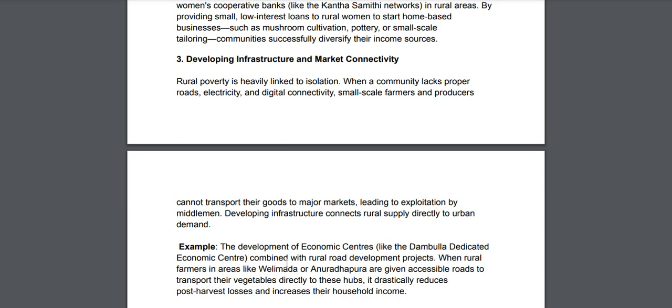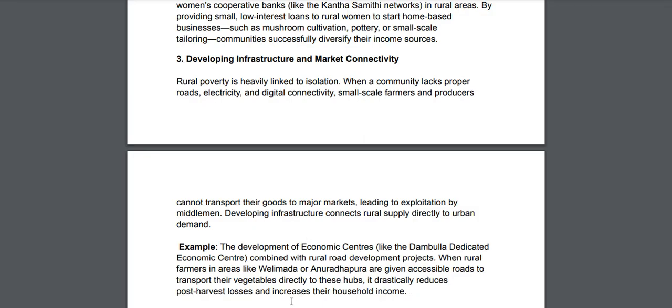And also, when rural farmers in areas like Vavuniya or Anuradhapura are given accessible roads to transport their vegetables directly to their hubs, it drastically reduces post-harvest losses and increases their household income.